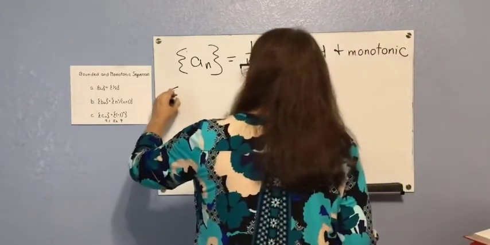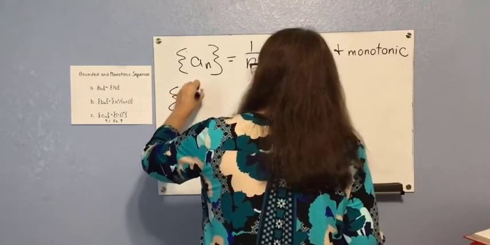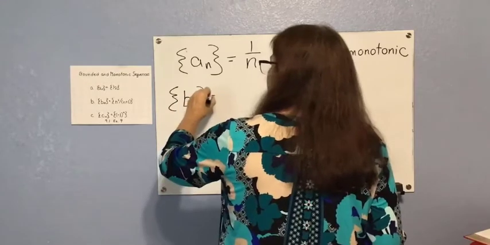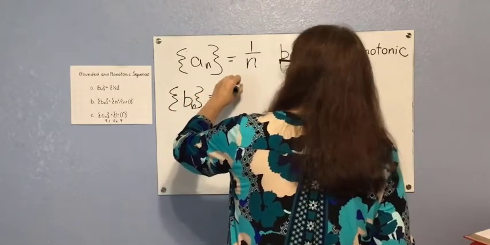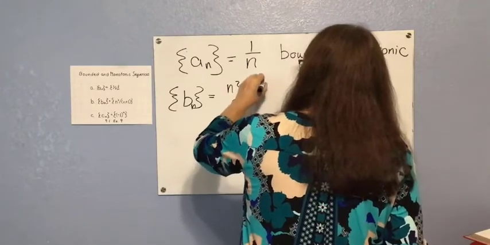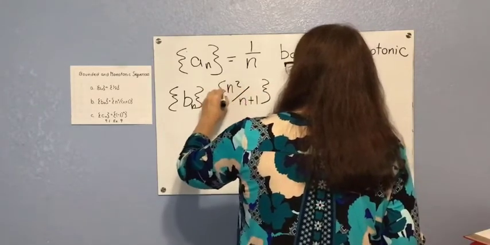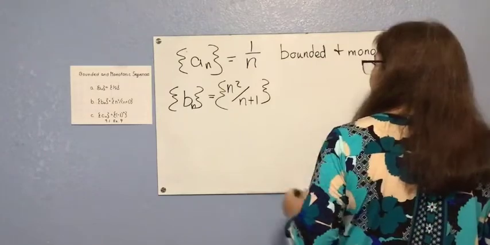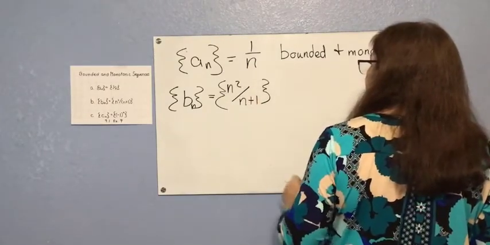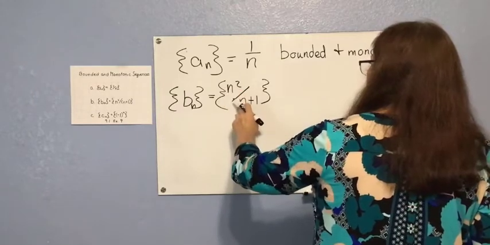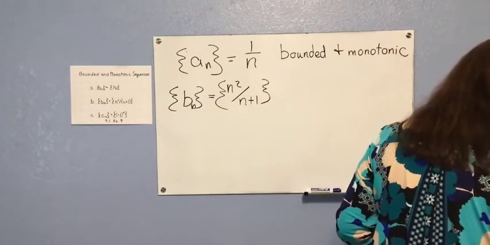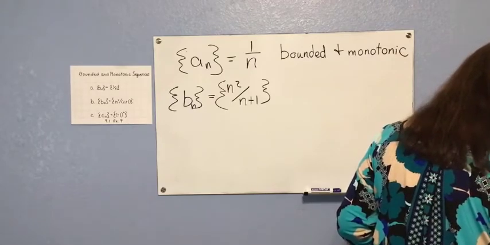Okay, let's look at another one. If I have b sub n equal to n squared over n plus 1. Okay, this one is monotonic because n squared is going to increase faster than n plus 1. And so it's going to be increasing.